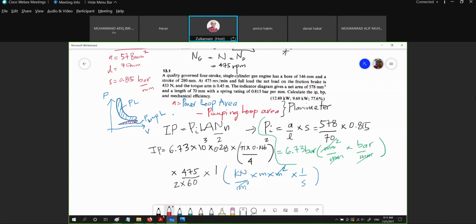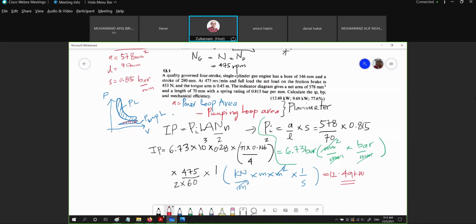We should get around 12.49 kilowatt. Please verify. Correct?